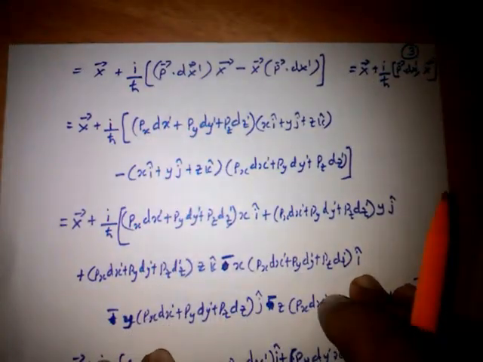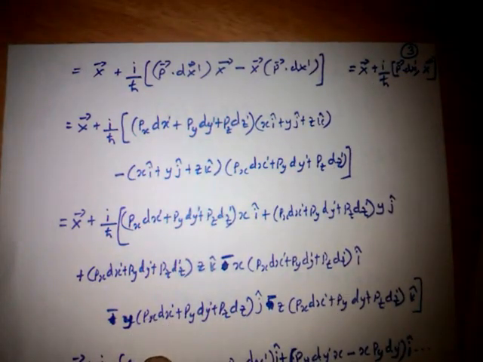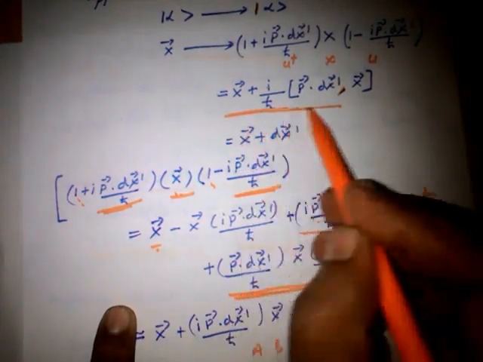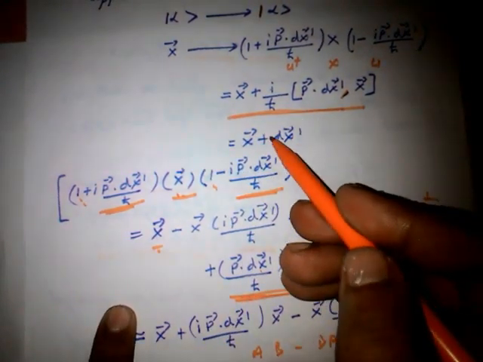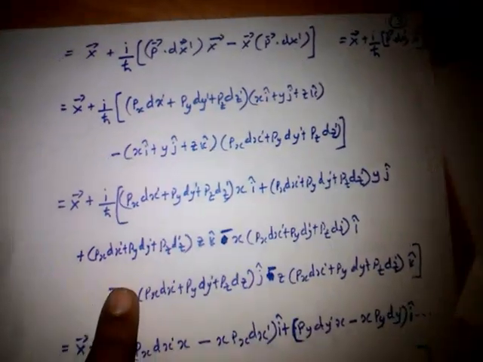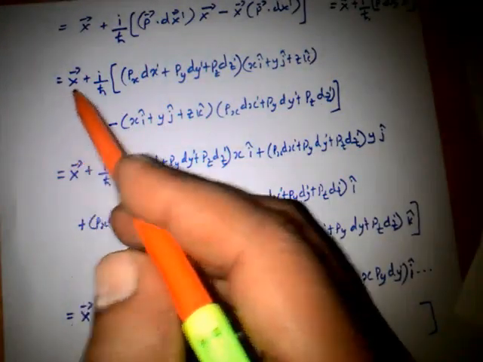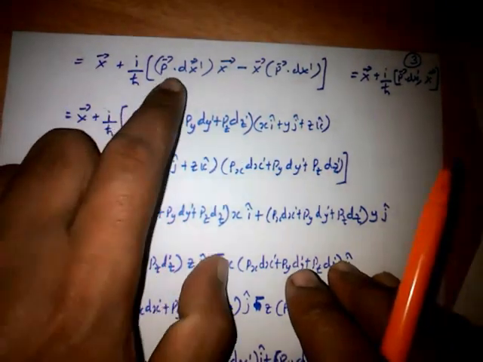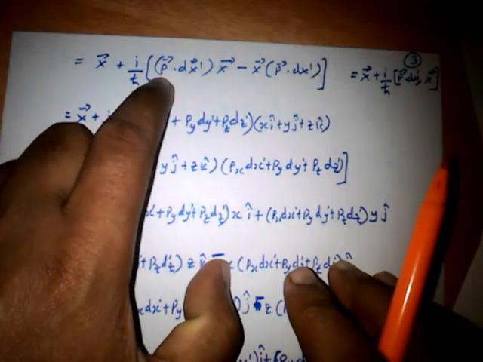That step I have written here, and then we will come to the remaining steps. This will take two lengthy steps to reach that point, and I'll explain rapidly. That is equal to x plus i/ħ. We can expand this; this is actually vector p.